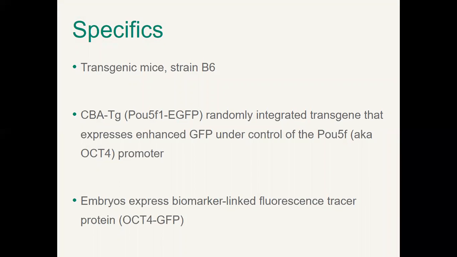The specifics for MEGA are that we are using a specific transgenic mouse strain, B6, and the gene CBA-TG, also named POU5F1-EGFP, a randomly integrated transgene that expresses enhanced GFP under control of the POU5F1 promoter, which also has the name OCT4. So the embryo will express a biomarker-linked fluorescent tracer protein.